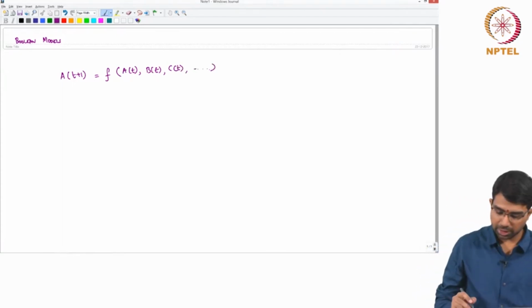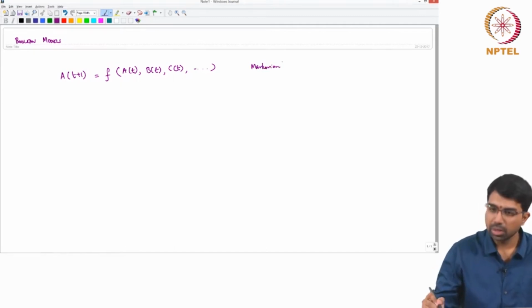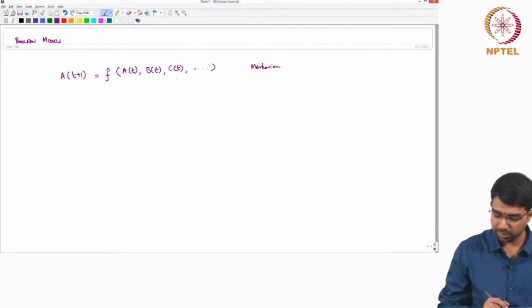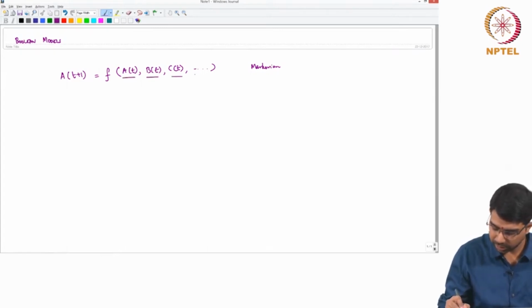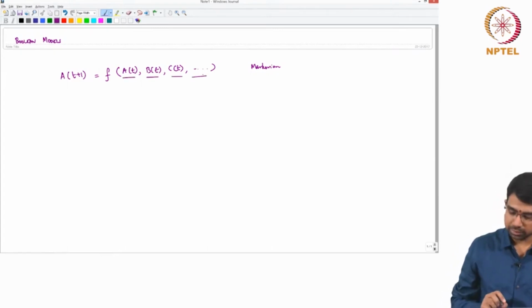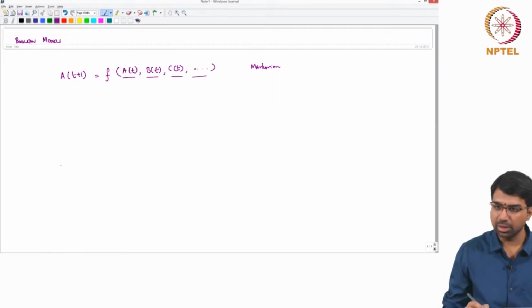This is almost like a Markovian process. You have just one time step of memory that you are talking about, so A of t plus 1 directly depends on A of t.